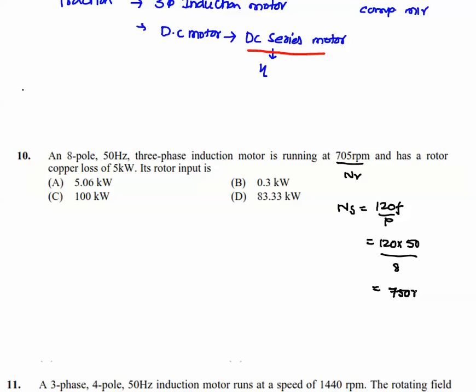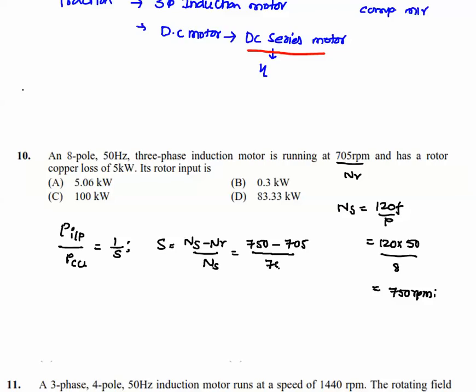This is equal to 750 rpm. The formula here is the power input to the rotor divided by the copper losses is equal to 1 by S. Slip is Ns minus Nr divided by Ns, that is 750 minus 705 divided by 750.